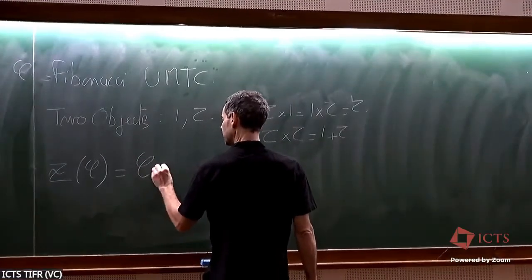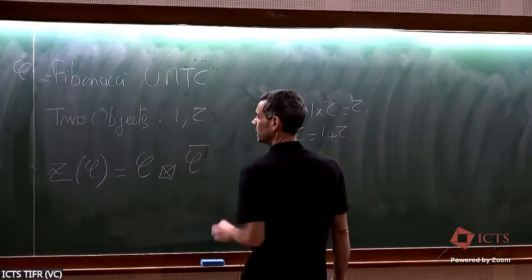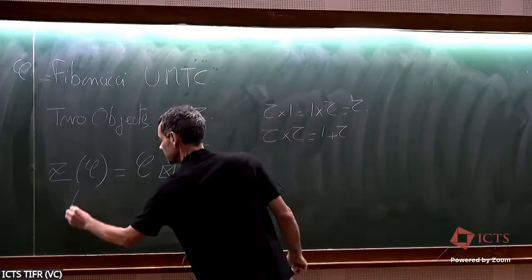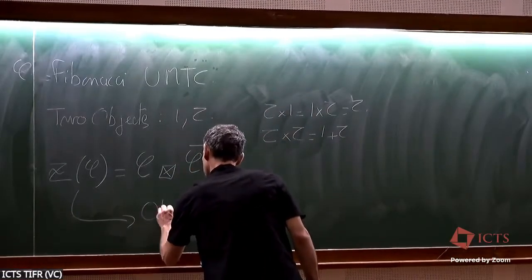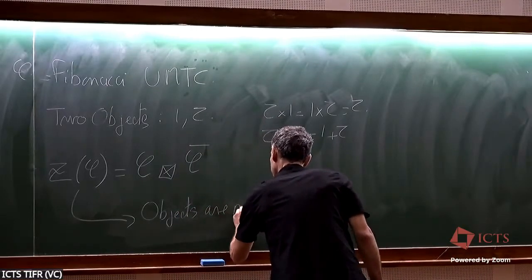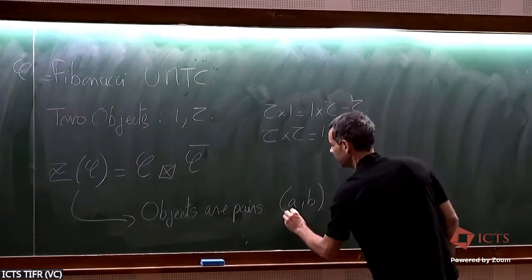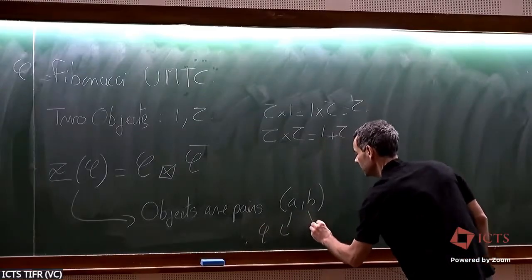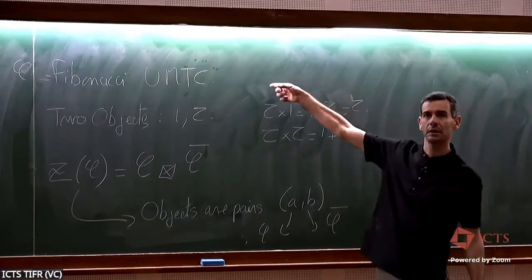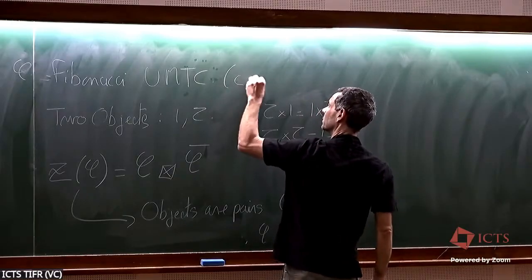What is the meaning of this stacking C cross C bar? This means that the objects, if we just stick to the objects, should be thought of as pairs like A, B, where A belongs to C and B belongs to the time reversal of C. So this is a chiral UMTC, so it has a non-vanishing chiral central charge.